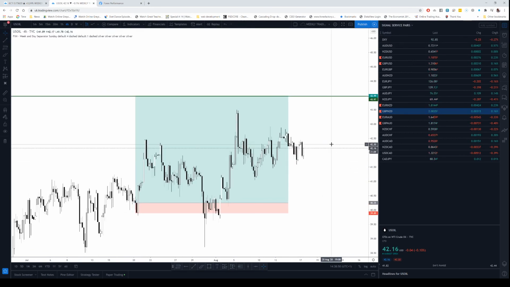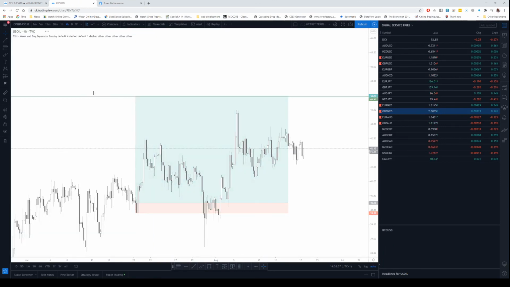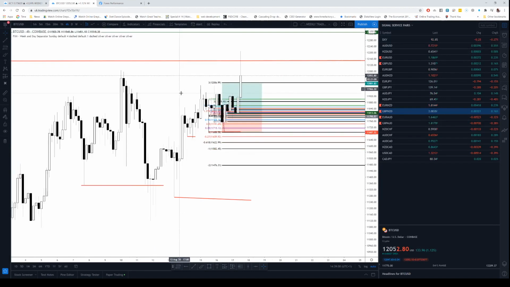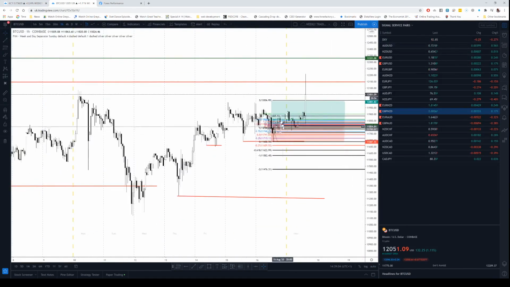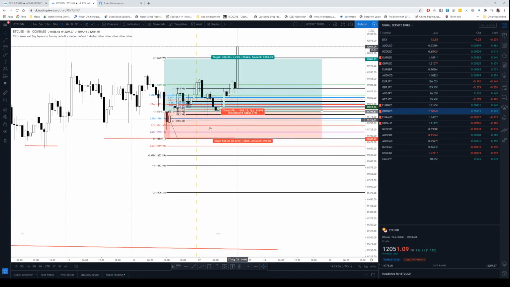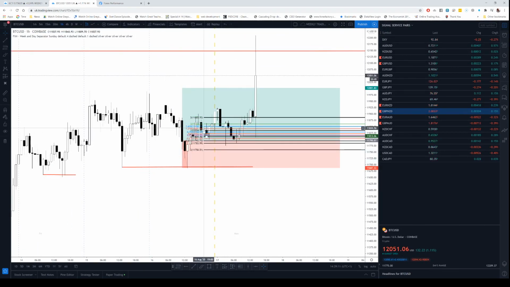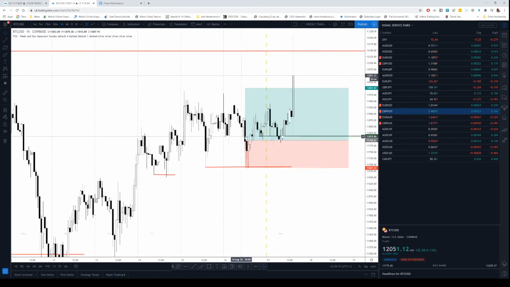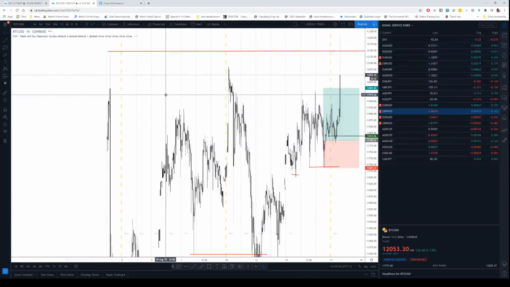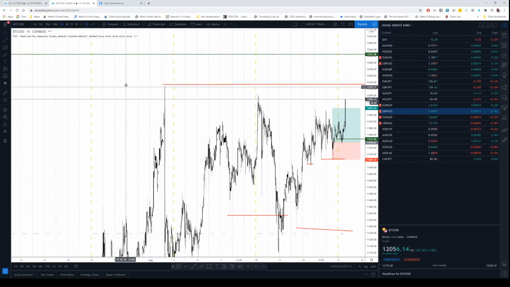What else do we have? Bitcoin, BTC. Over the weekend I did some training on Bitcoin. I'm practicing, see, I've got so many lines on there. I was practicing a lot on Bitcoin. I did have this down candle here because it ran this low, and then my target, we have run that weekly high.